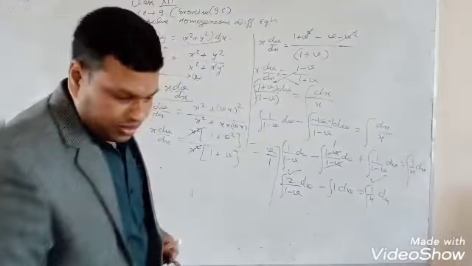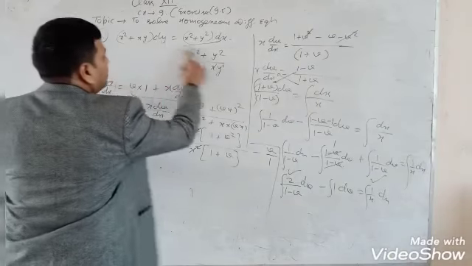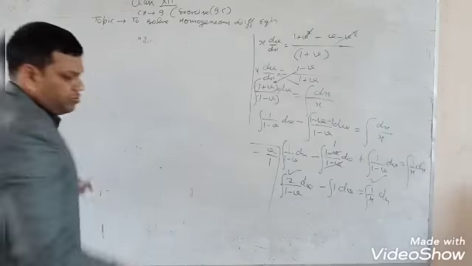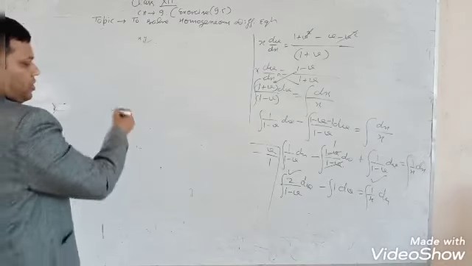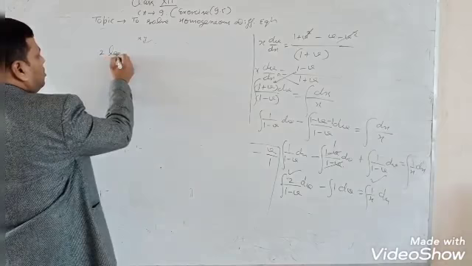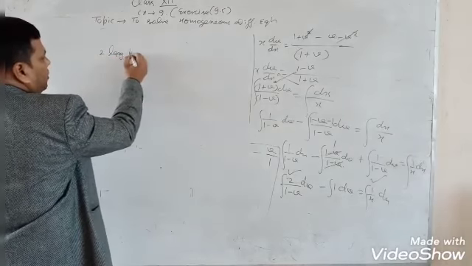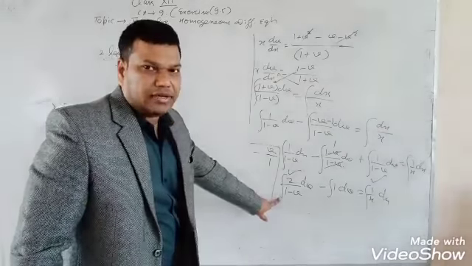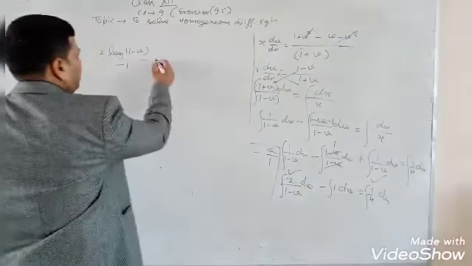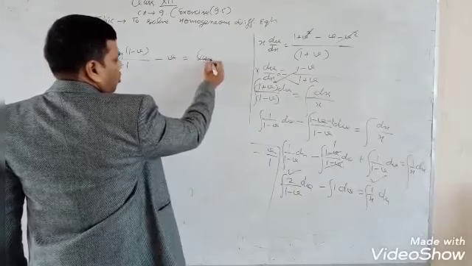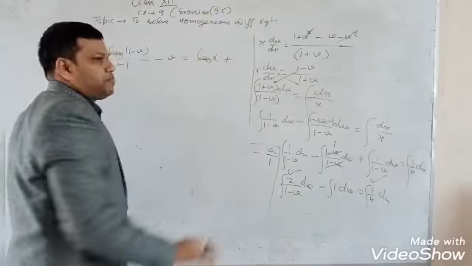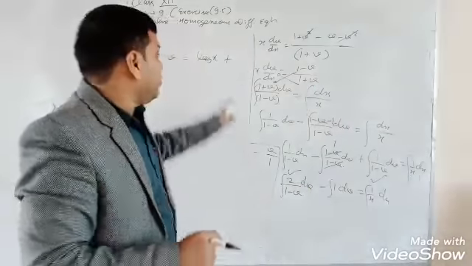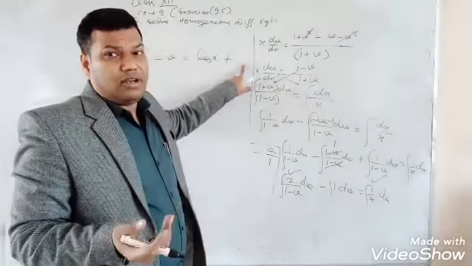What is that? You can pause your video and write it properly. That is 2 log (1 minus v) upon minus 1, the integration of that, and then minus v is equal to log x plus c. C must be anything. Here, if you write only c, the answer will not match.